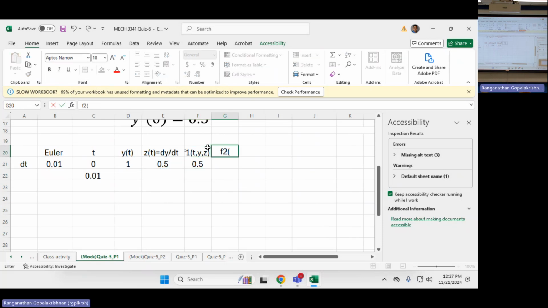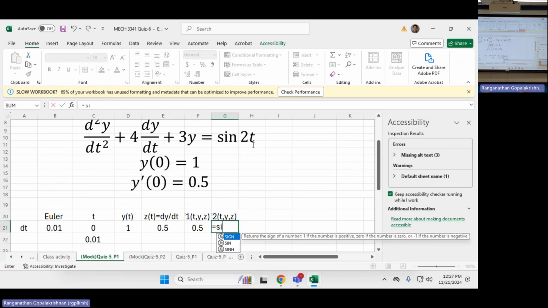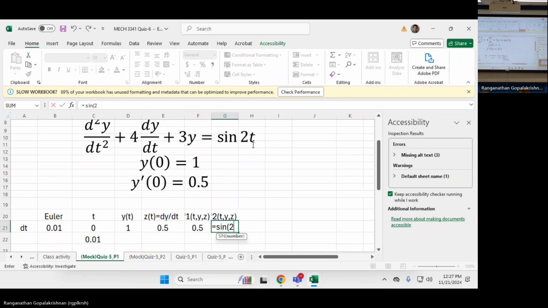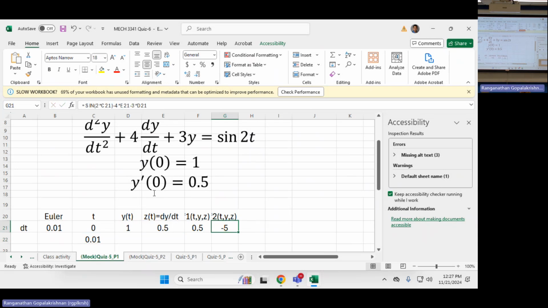And what is f2 of t, y, z? That is sine 2 times t minus 4 times z minus 3 times y. That is my f1, f2.